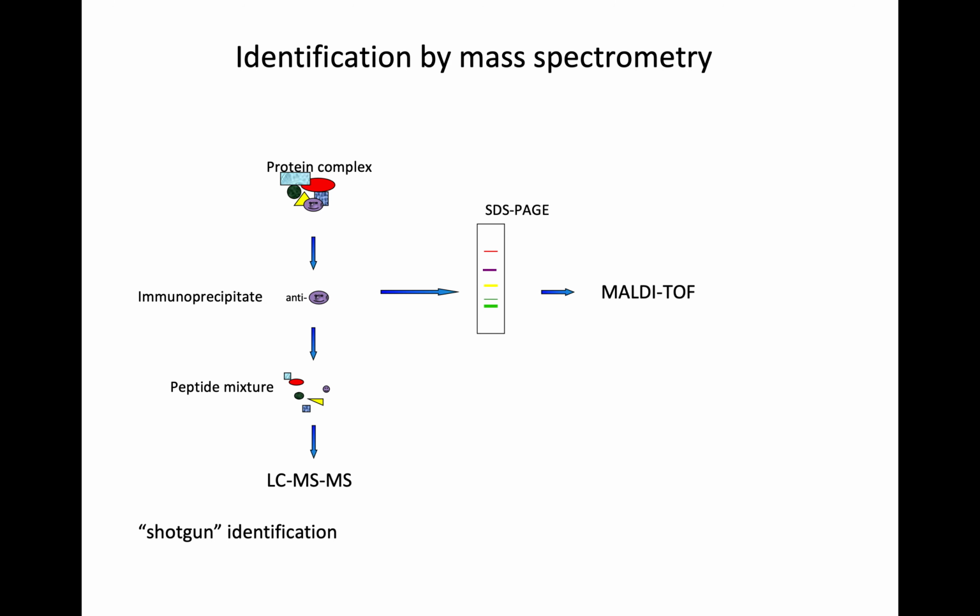Apart from the normal shotgun identification, we also have some very specific and, of course, expensive forms of mass spectrometry, whereby you start either from immunoprecipitation or, if you don't do immunoprecipitation, you can go straight from here to here.